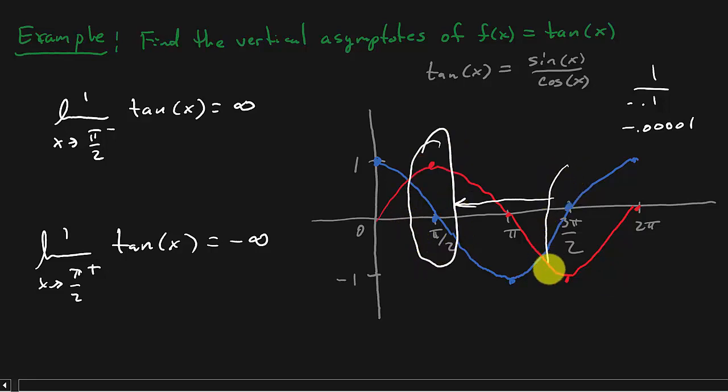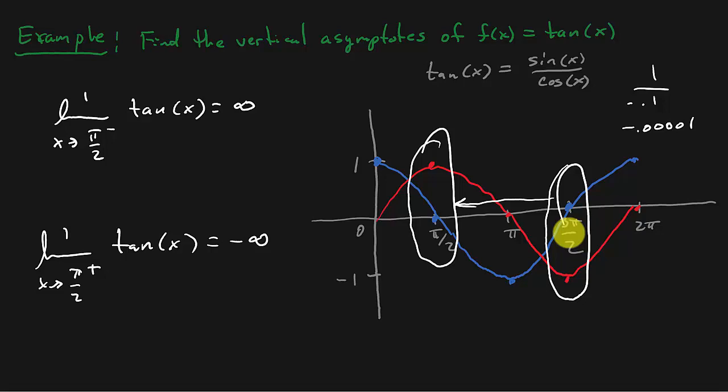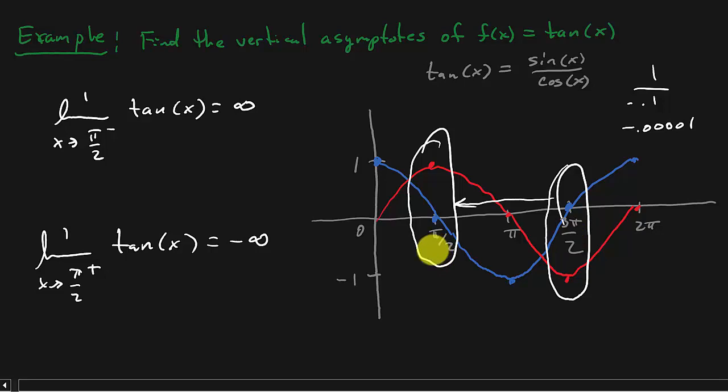Well, do you see the same thing can be done at 3 pi over 2? And then the same thing can be done at 5 pi over 2 and 7 pi over 2, right? I'm sorry. Yeah, at pi over 2, 3 pi over 2, and so on. There's a pattern there. All right.